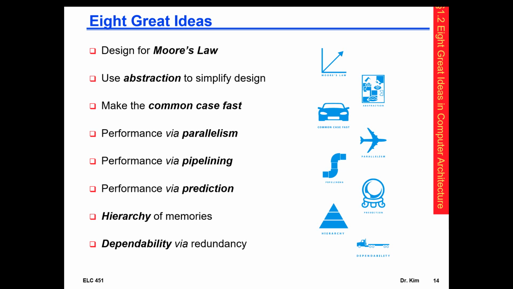So throughout the course, we're going to be relying on what are called the 8 great ideas that have come about in this type of technology through the development of where we are today. We're going to be looking at Moore's Law.